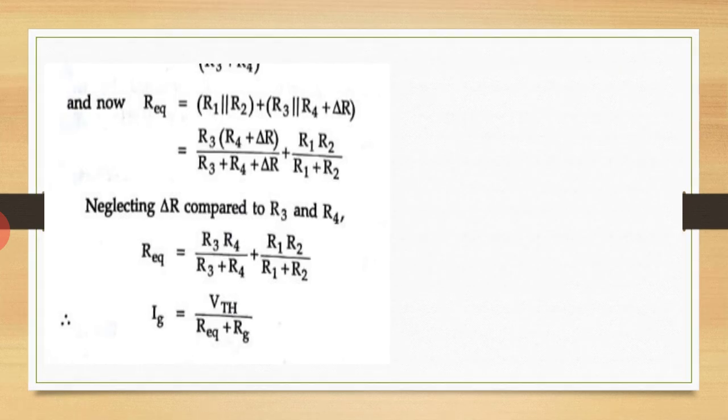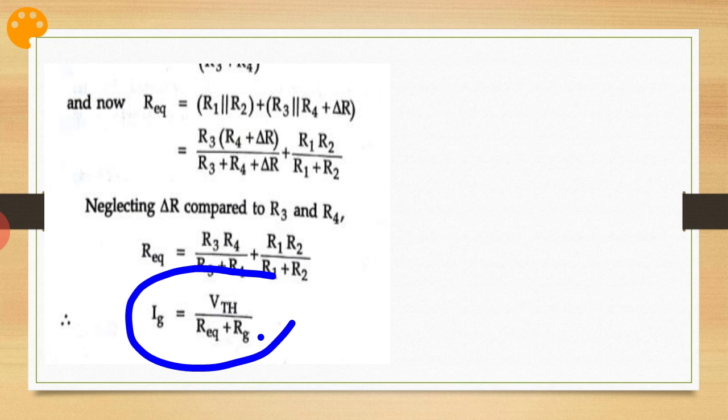Now the galvanometer current is obtained by using this equation: Ig, the galvanometer current, is equal to Thevenin's voltage divided by R equivalent plus Rg, where R equivalent is the equivalent resistance of the Wheatstone bridge and Rg is the resistance of the galvanometer. R equivalent we already found in the last class.